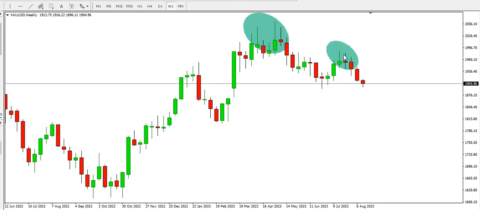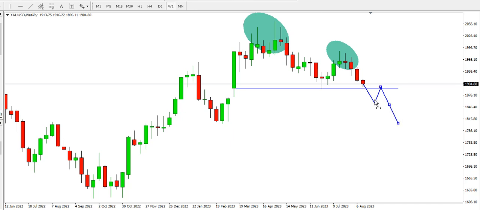The price is currently at the neckline. So a break below and retest, then a further drop might indicate that price will continue to go down.